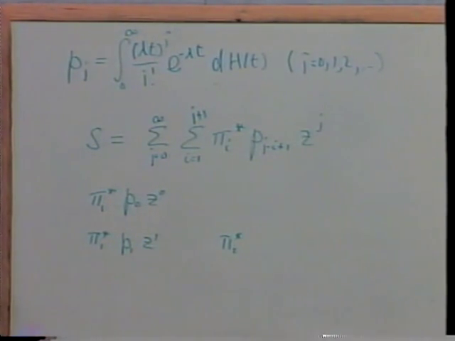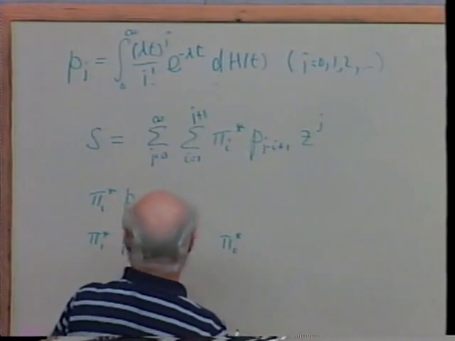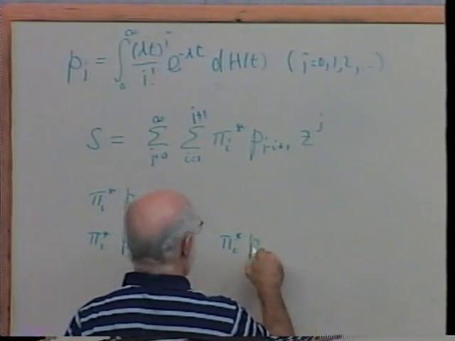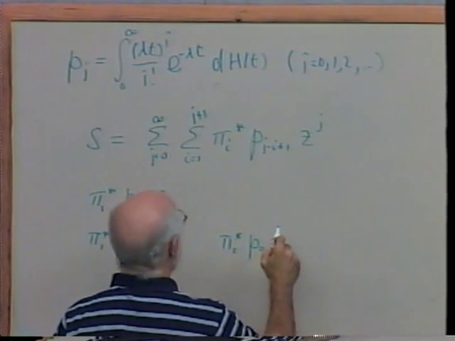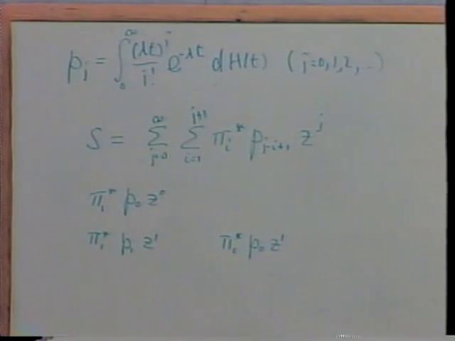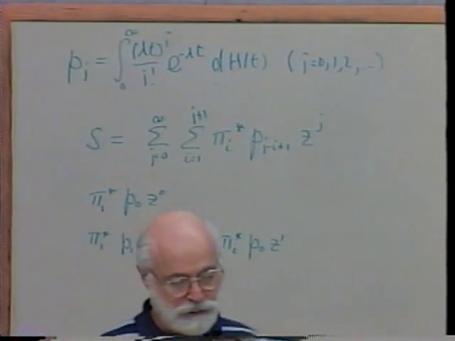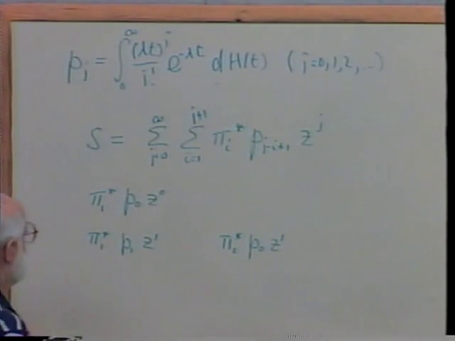And when i is equal to 2, then this becomes 1 less than that, so that would be p0, and that would be z to the 1. j is still 1. Okay, now what happens when j is equal to 2?